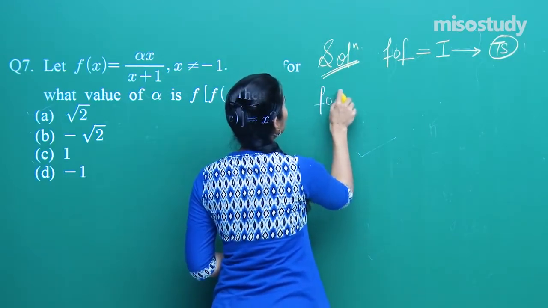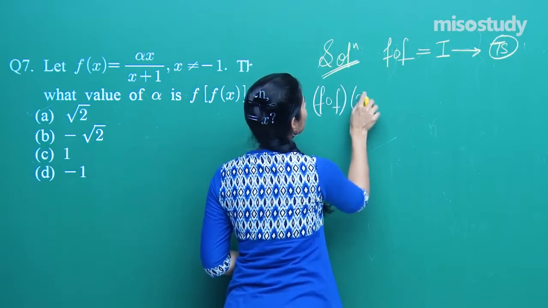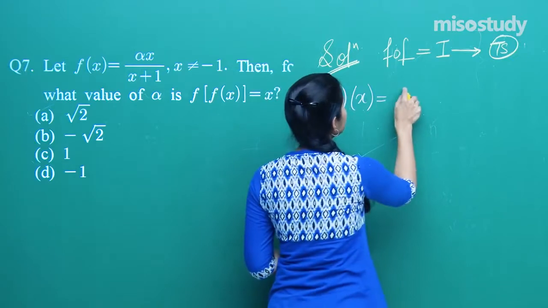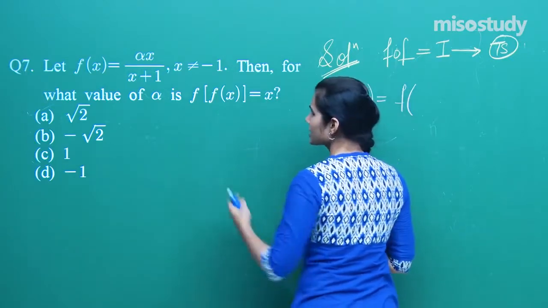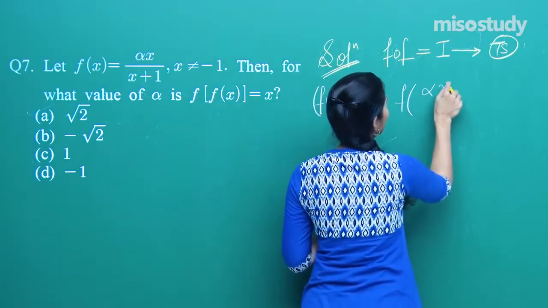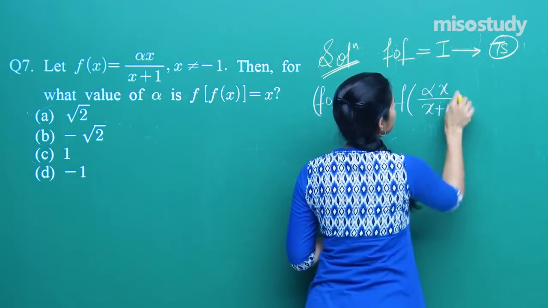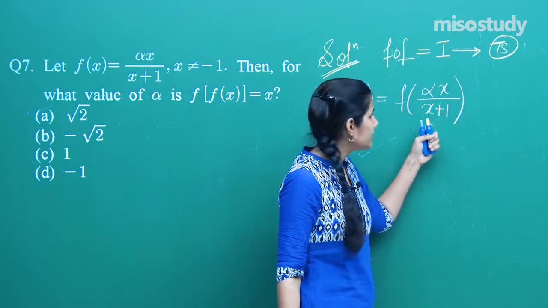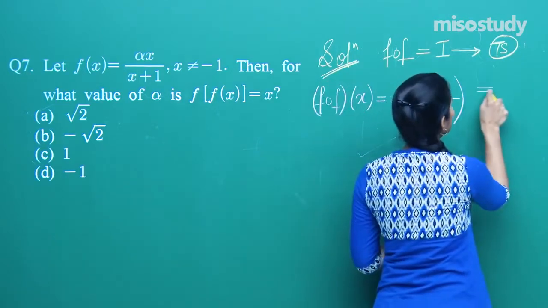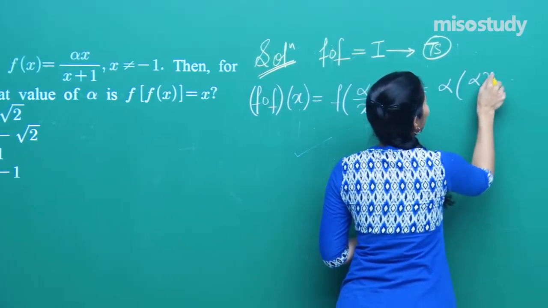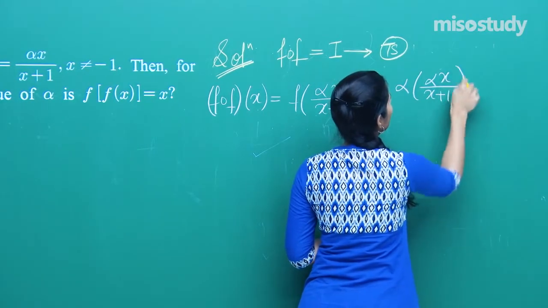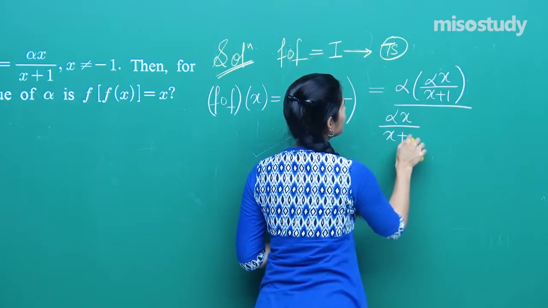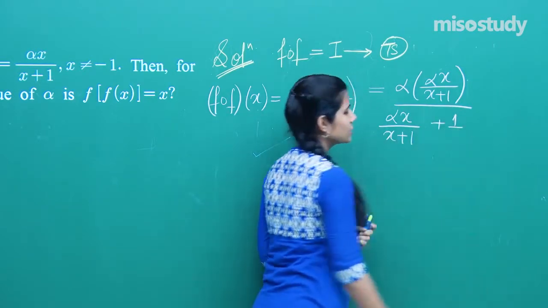So, FOF of x, which is f of f of x, where f of x is alpha x upon x plus 1. Let's now apply f to this expression. You get alpha into alpha x upon x plus 1 whole upon alpha x upon x plus 1 plus 1.